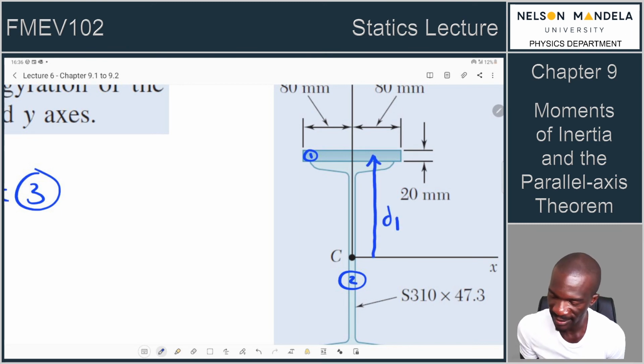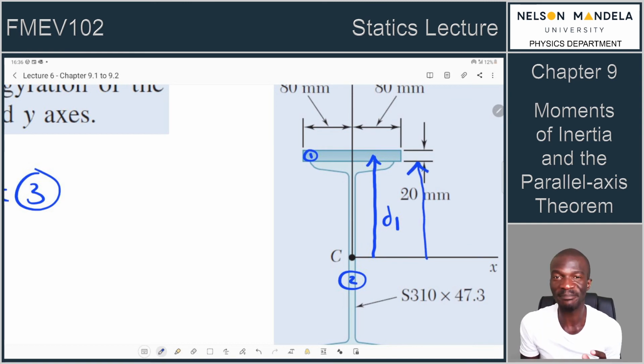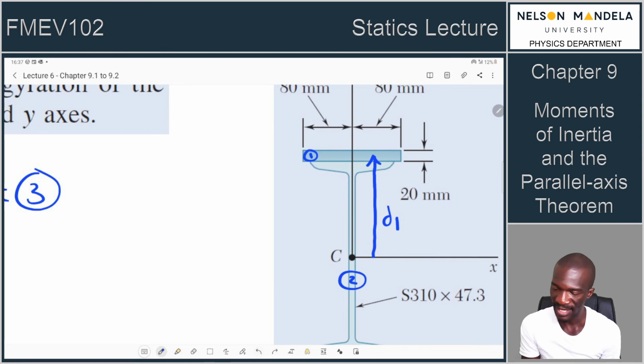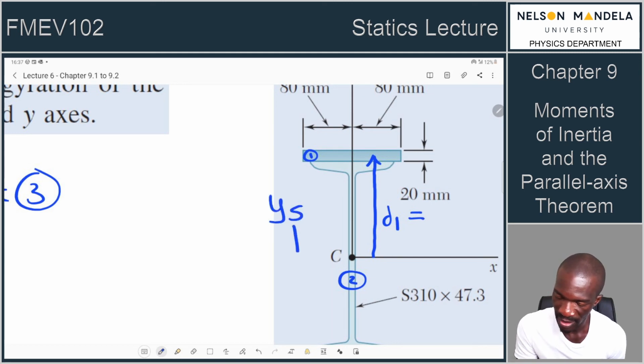That will be D1. But we are not given this distance. So it means you need to now grasp the parameters of the S section, because it can give you that distance. So let's say this is equal to the S section's Y distance.